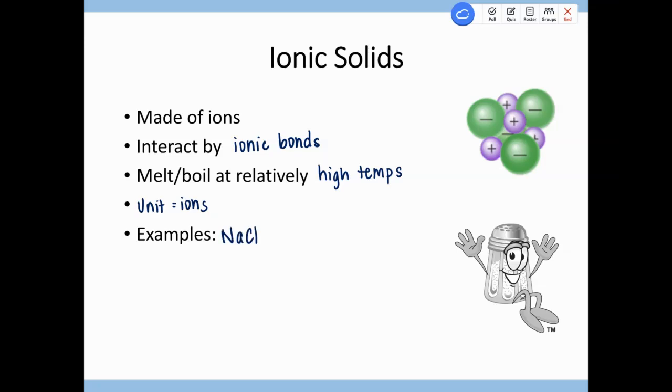Sodium chloride, which is table salt, is sodium cation and chloride anion. Magnesium oxide is magnesium cation and oxygen anion. These are both ionic compounds held together by ionic forces between the cation and the anion, and have different properties because they're made up of different units.